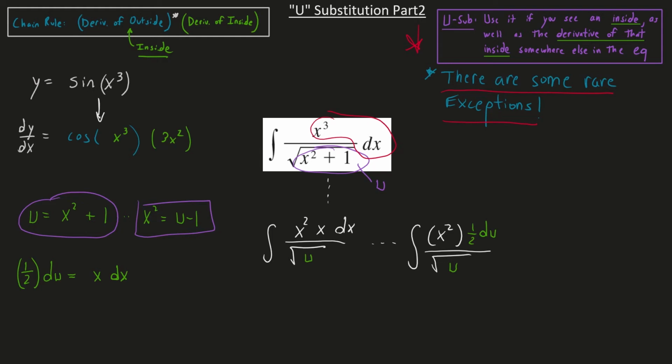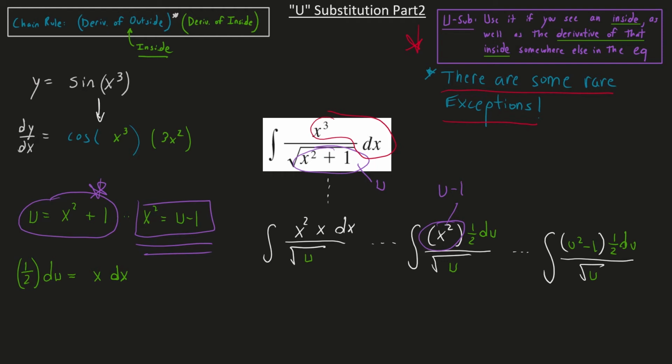So instead of writing x squared here, I can write u minus 1 based on this right here. All I've done is taken our initial u choice and flipped it around to get x squared by itself. Alright, so now I've gotten all my x's out and u's in. And all I have to do is roll with the algebra.